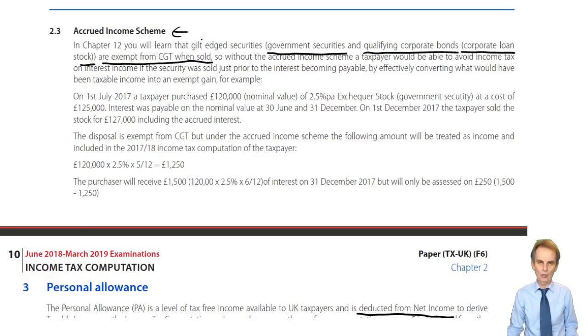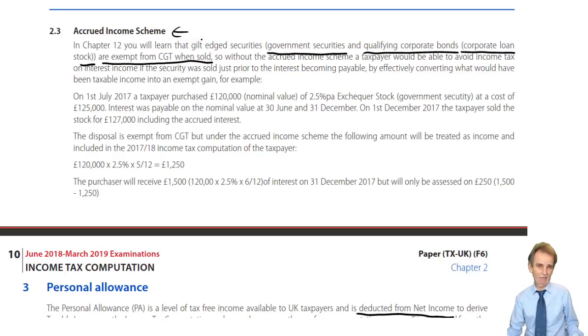So the taxpayer would get more as sales proceeds for the disposal of the security when made just before the due interest date, and would effectively convert what would have been taxable income, had they received that interest, into a non-taxable gain, because it instead increased the sales proceeds on the disposal of the security.